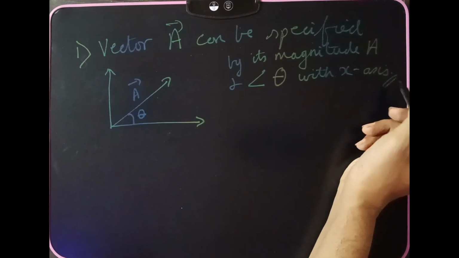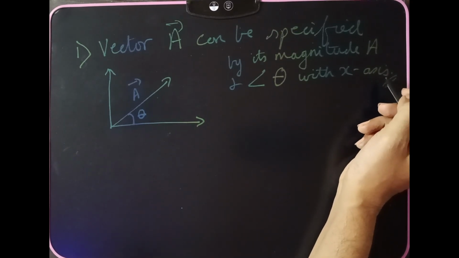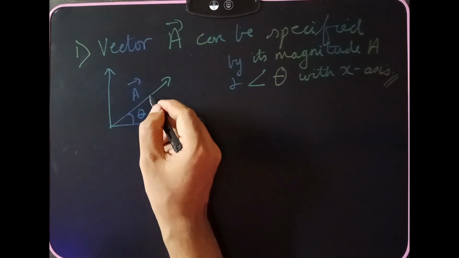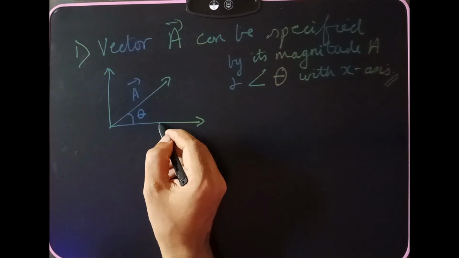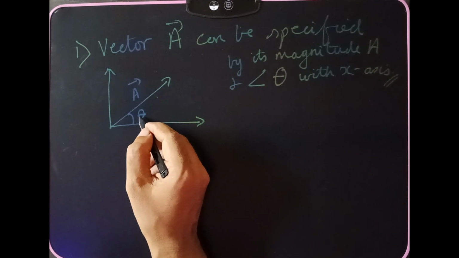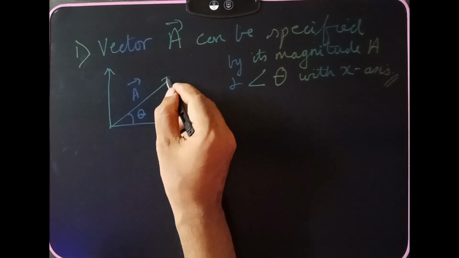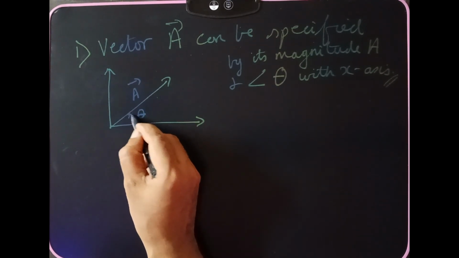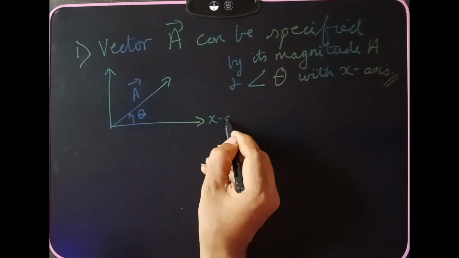This is how it is specified. What does it mean? It's called the magnitude angle representation. That means basically this vector A has changed its direction. It has moved from here to here at an angle theta. So this vector A is making an angle theta with the x-axis.